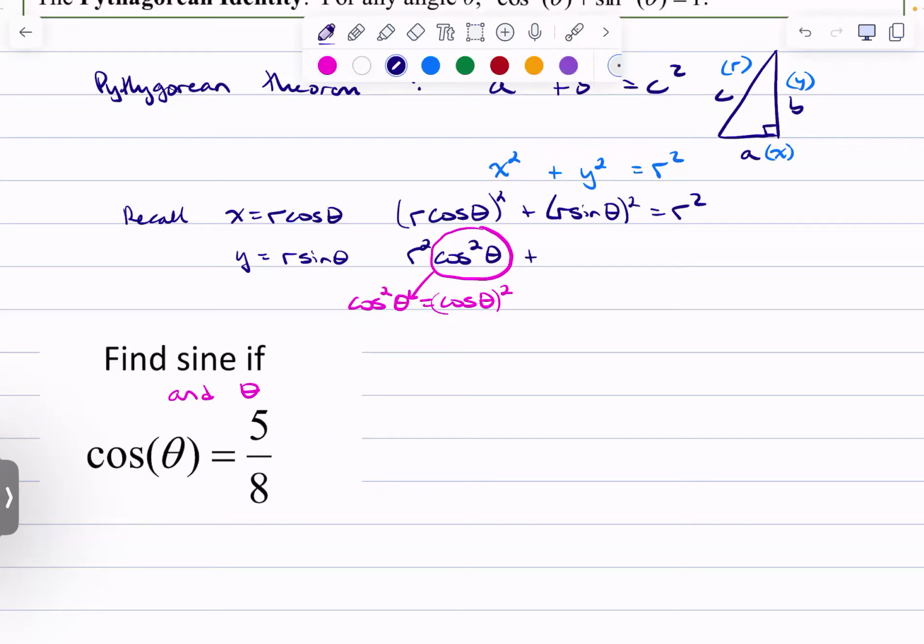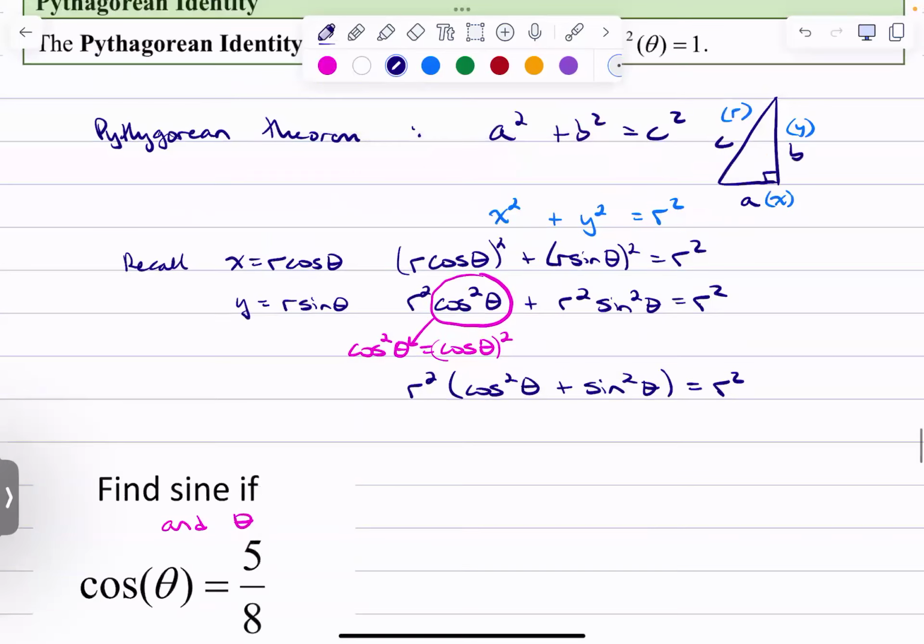And then plus r squared sine squared theta, which is r squared. Now what I can do is pull out a common r squared here. R squared times cosine squared theta plus sine squared theta, which is r squared. And how neat.